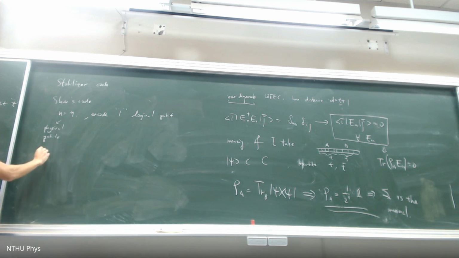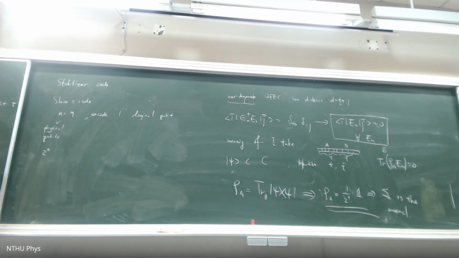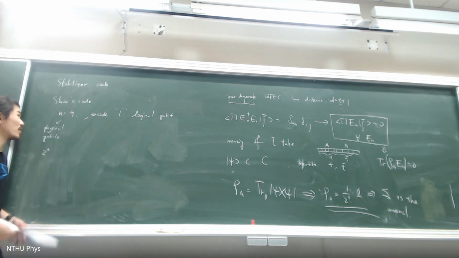This Hilbert space is 2 to the power n. The Hilbert space dimension is too large, so it's not easy to brute force several constraints to design a logical qubit, or several logical qubits. So there should be a better, more systematic way.